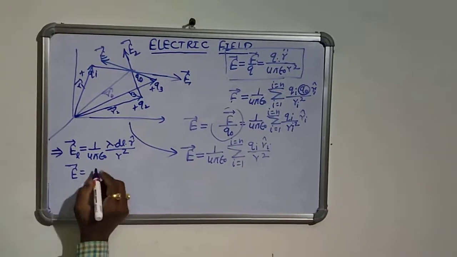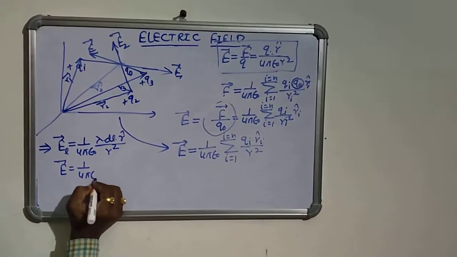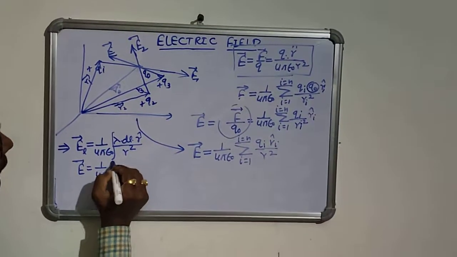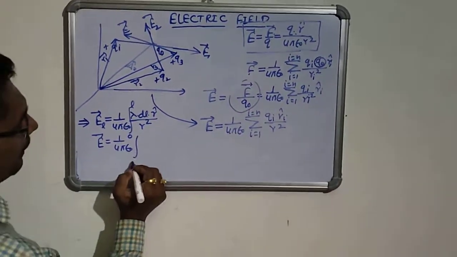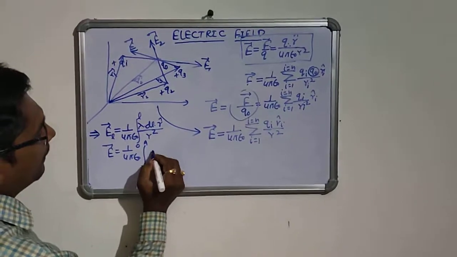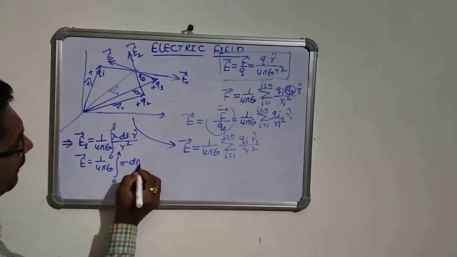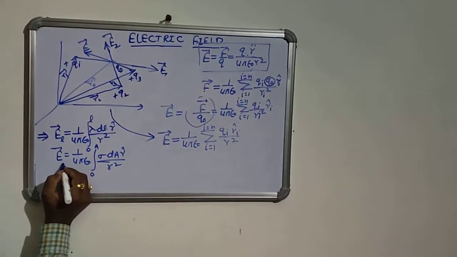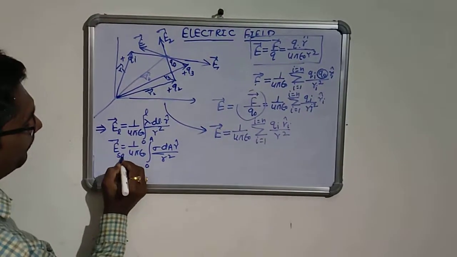L stands for linear. For surface, 1 upon 4 pi epsilon naught, integration from 0 to A, sigma dA r cap upon r square. This is for surface area.